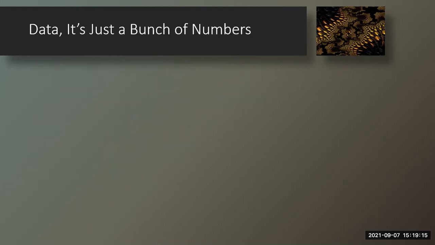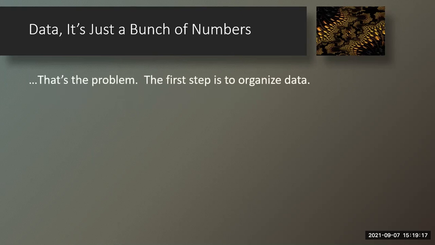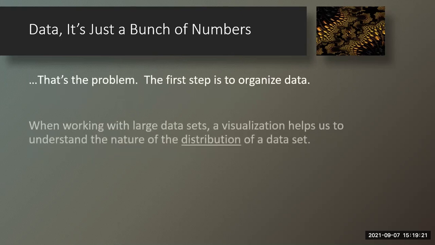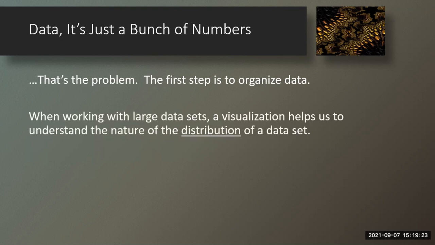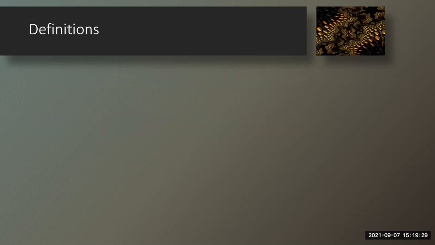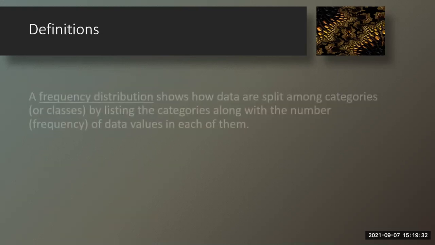First off, data is just a bunch of numbers, and it really needs some organization. The first step really is to organize our data. When working with a large data set, visualizations help us to understand the nature of the distribution of a data set. Some basic definitions.